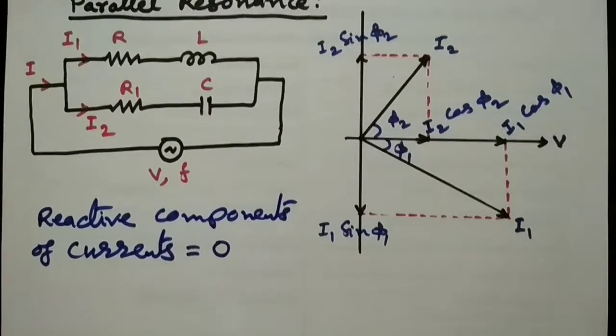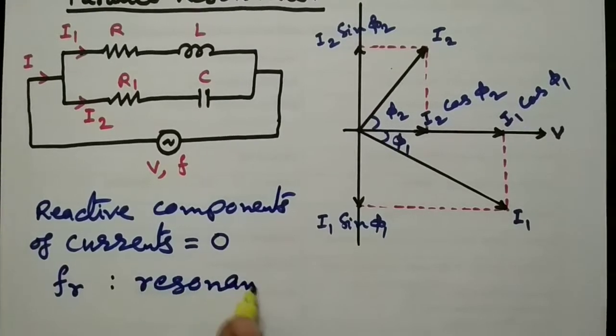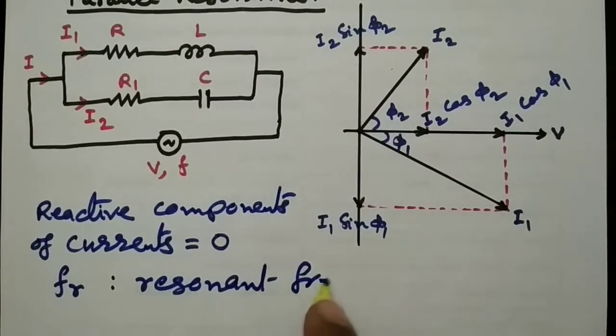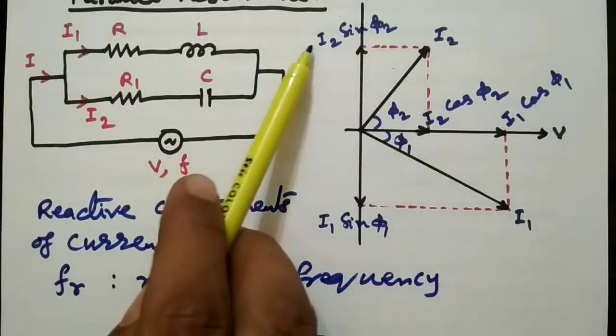and the frequency for which the reactive components of the current become 0, let's say it is the resonant frequency, that is Fr. So Fr is the resonant frequency for which I1 sin phi 1 will be equal to I2 sin phi 2.